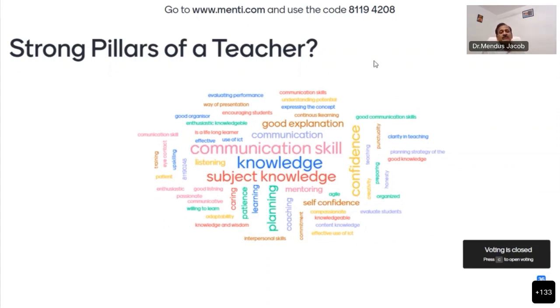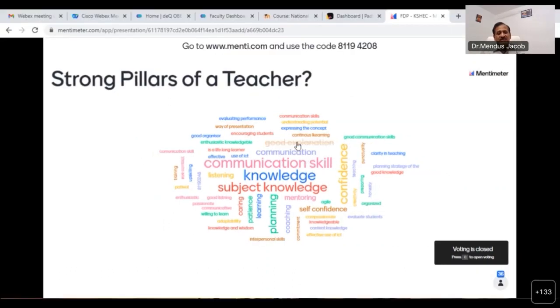So this is again the strong pillars of a teacher. Now we will use this when we explain what is OBE and the concepts related to OBE. It's good. So we will finish one more slide and we will go back to the session.